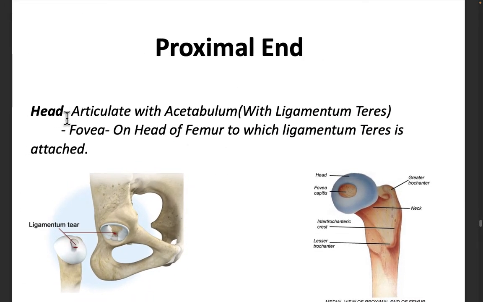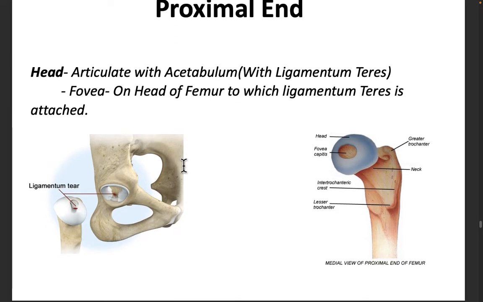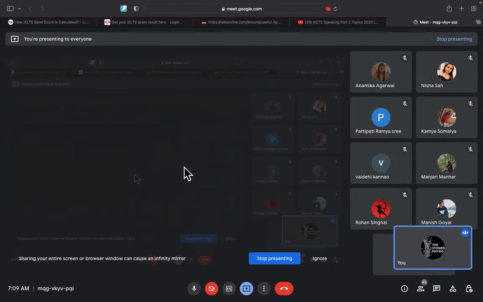Of course, we have got the head. On the head of the femur, first of all, we have this cartilage that is called hyaline cartilage. Whenever we talk about the part of a bone which is articulating with another bone, there is a cartilage present between both the bones, so as to prevent the rubbing of these two bones.